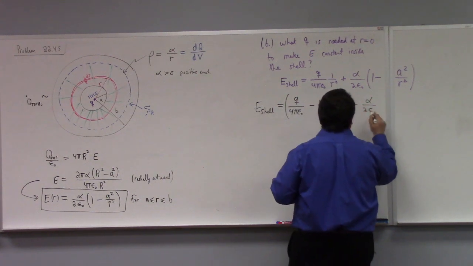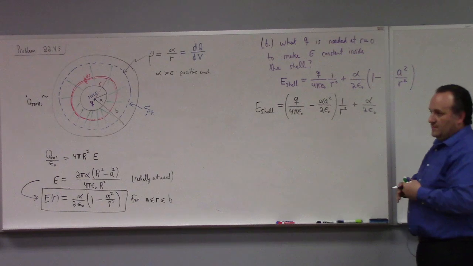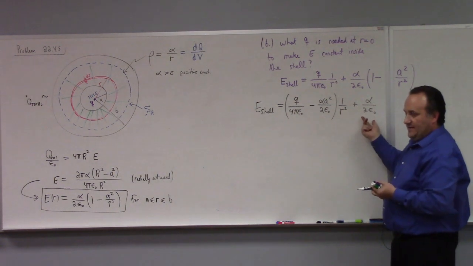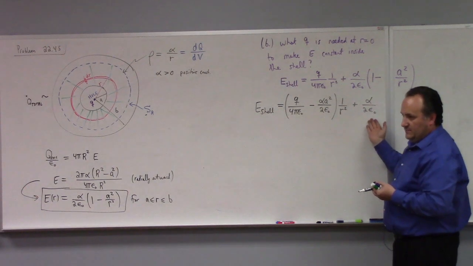So let's group together the things with r squared and understand what we're up against. This part is fine, that's constant. We're allowed to have that.